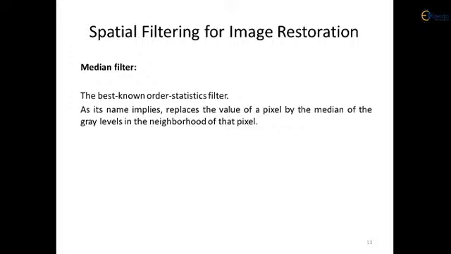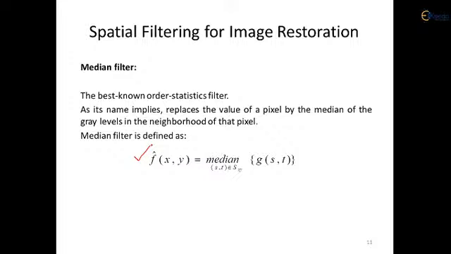So how to find the median? Determining the median can simply be expressed mathematically by this particular step. The output image, which we can generally call the filtered image, is represented as f cap as a function of x comma y.